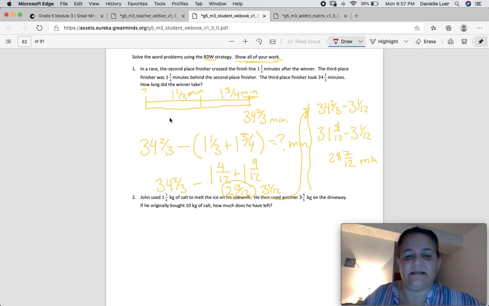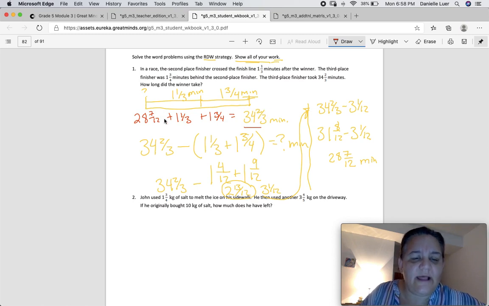So I'm going to draw this in here. 28 and 7/12, that's close to 29, plus 1 1/3 plus 1 3/4. That should equal 34 2/3. So I'm just going to add it up really quickly to see if that's the same answer here.